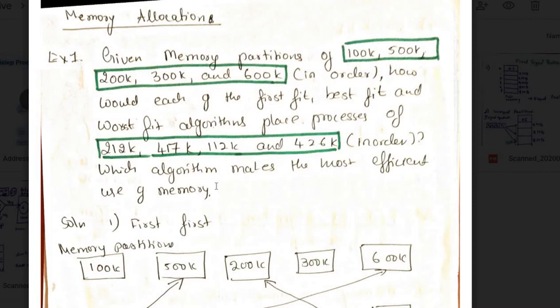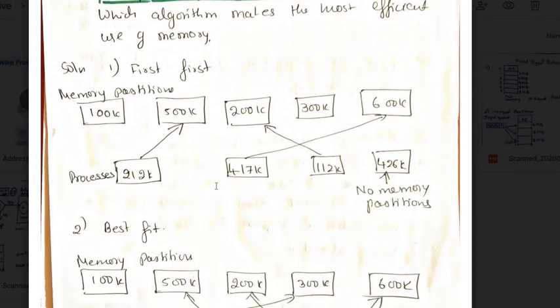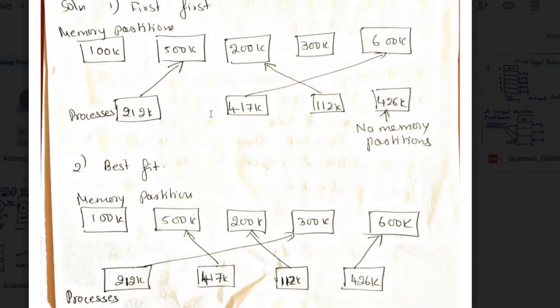Now we'll go with the first one, first fit. This is my memory partition given according to the problem, and these are the requests. What does first fit tell you here? Allocate the first hole that is big enough to satisfy the request. So it will start searching from the beginning.